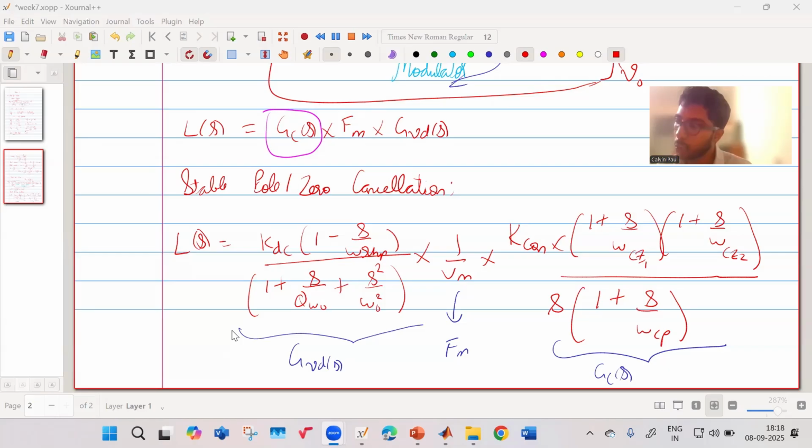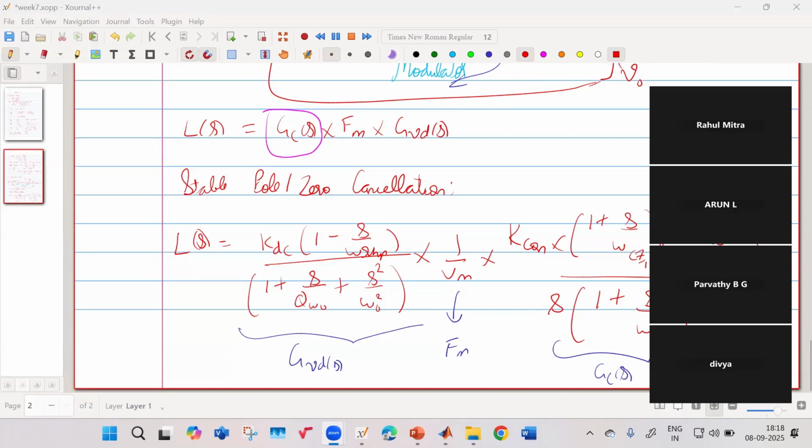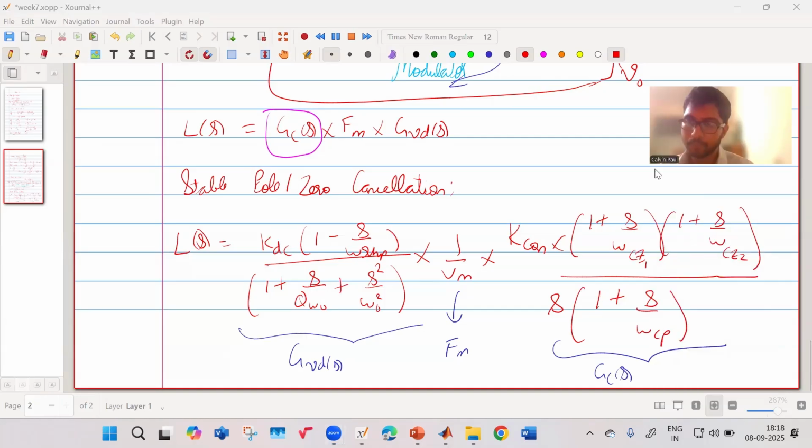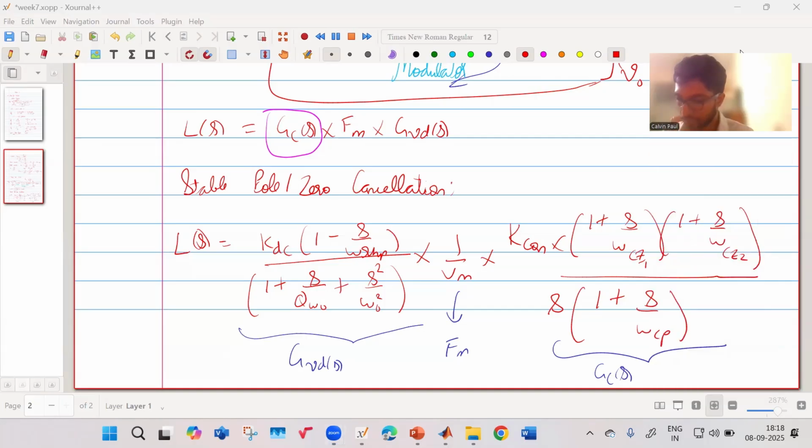Okay, so now this is our loop. So can you tell me what is the order of the loop? What do you think is the order of the loop? Two. But why?